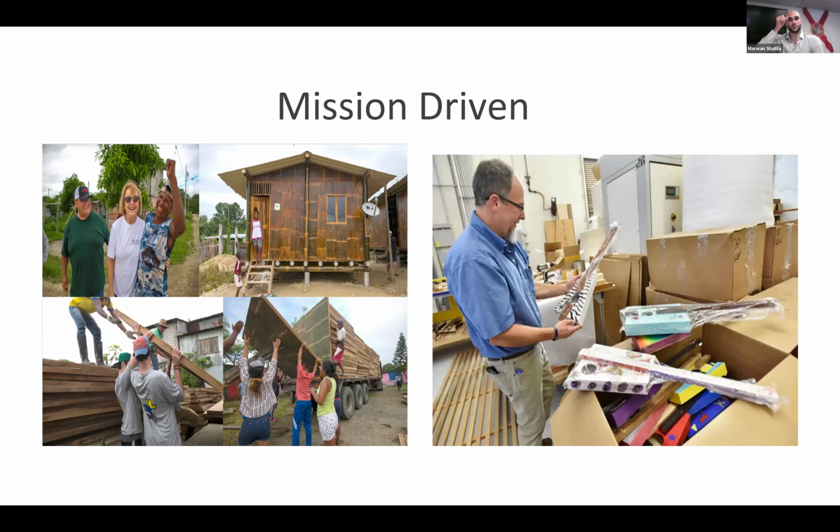Some of the photos that you see on the screen on the right-hand side are our Design for Kids program, where we take some of our excess material, specifically wood, and we build guitars for children who are in hospitals or orphanages and things like that. On the left-hand side is our developing country initiative to build homes in those areas that are less fortunate. I say all of that because it's one of the aspects that I think makes us unique, being a privately held company.